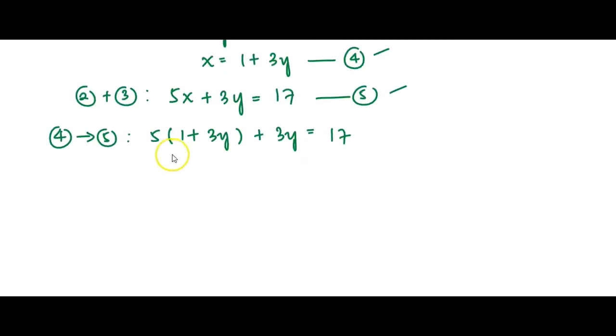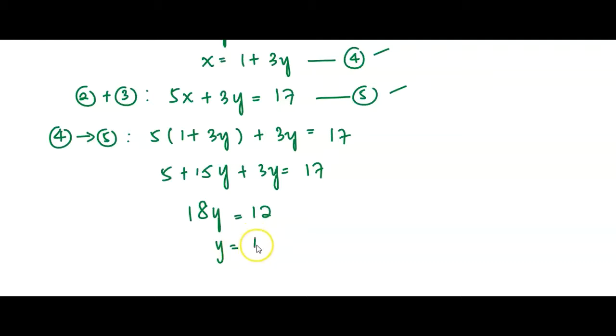And now I'm going to expand and simplify. So you have this, and lastly we have 18y equals 12, then you have y equals 12 over 18. Finally, simplify this, you get 2 over 3. So you get y equals 2 over 3. Now you need to get the corresponding value of x by substituting this y into equation 4.